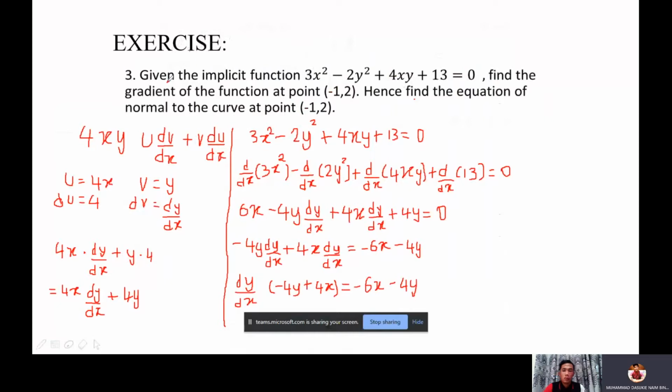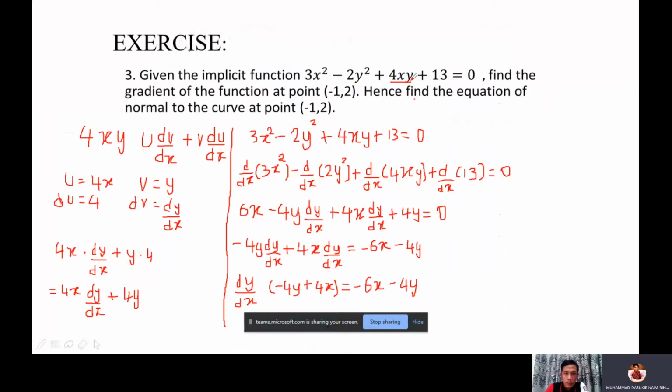In this question, you must see which term can be differentiated directly by x and which cannot. For this question, as you can see, for xy, you cannot solve it directly, because if you want to solve for xy, you must use another method.